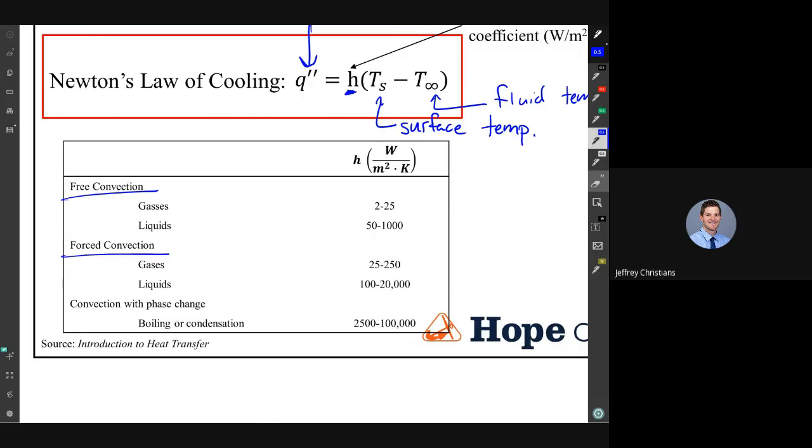If you switch from a gas to a liquid, that makes a bigger difference. And then the biggest difference: if you can go to something that has a phase change, something that's boiling or condensing, that's where you really get big convection coefficients.